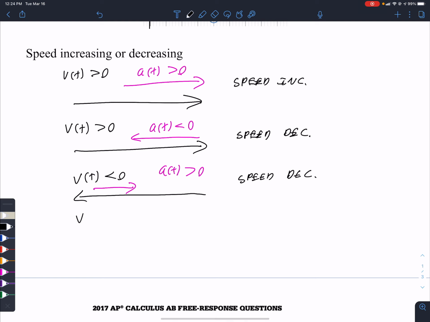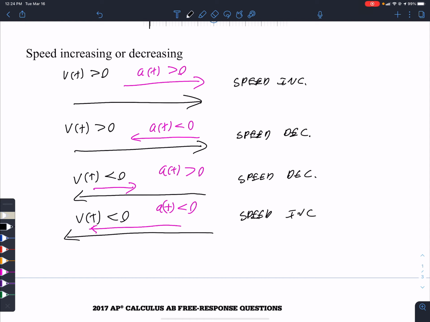In the last situation, when your velocity is negative, so we'll say we're moving to the left, and your acceleration is negative, so you're accelerating to the left, you're going to increase your speed. So you'll say that your speed is increasing.